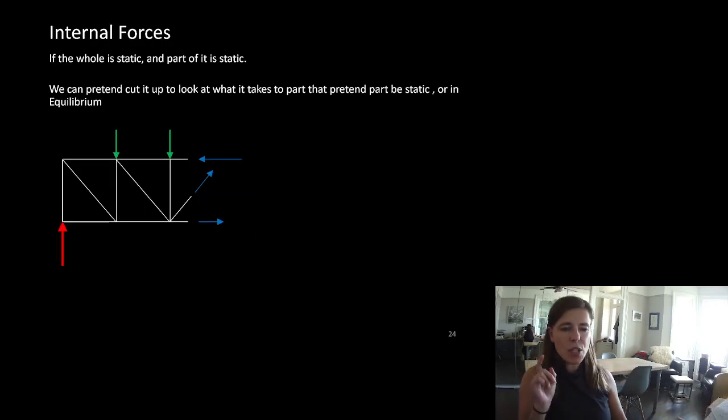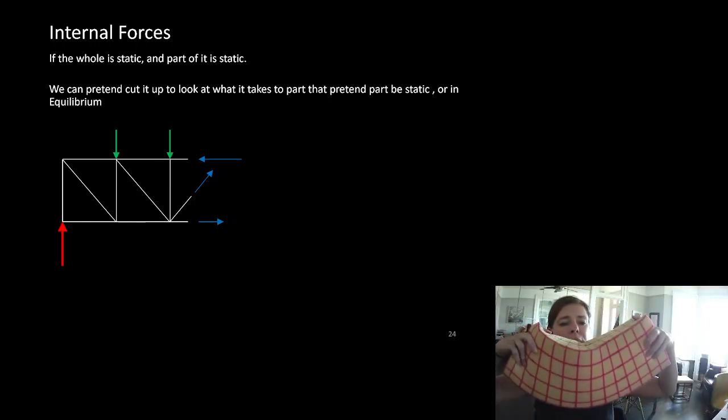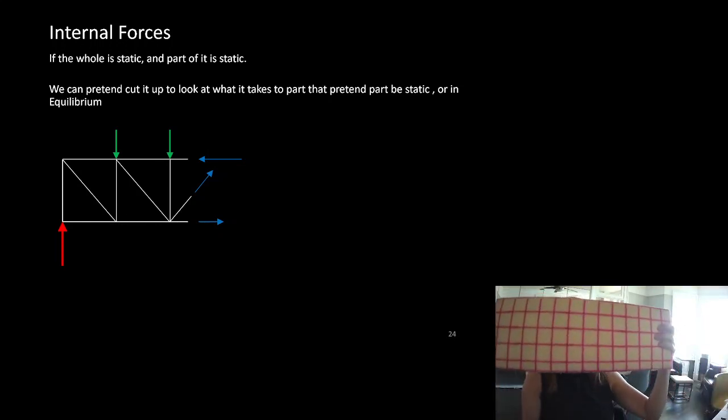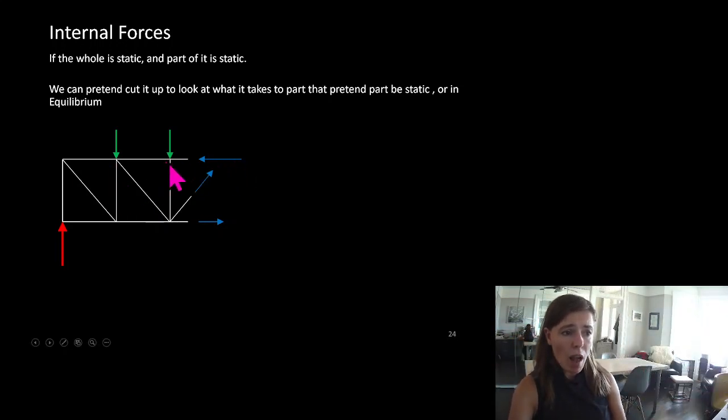All right, let's do another cool thought exercise. When we looked at our truss with some unknown forces, we know that when we're bending this element, the top is in compression and the bottom is in tension. When we did it with our truss, we saw that we had the top in compression and the bottom in tension, and then we had a web element with some diagonal component to it.